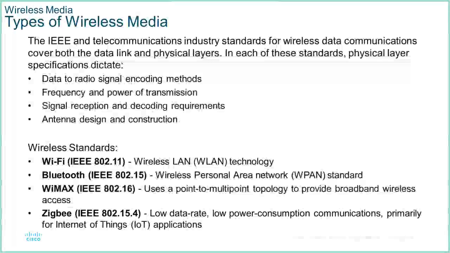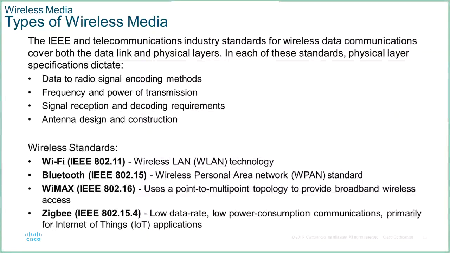So again, wireless needs to conform to all sorts of encoding, signal standards, frequency and power of the transmission and reception, antenna designs. All these are governed via the IEEE standards. And when dealing with Ethernet, we will always start with 802, which is the Ethernet standard. Then the numbers after the dot refer to the various media types used to transport Ethernet.